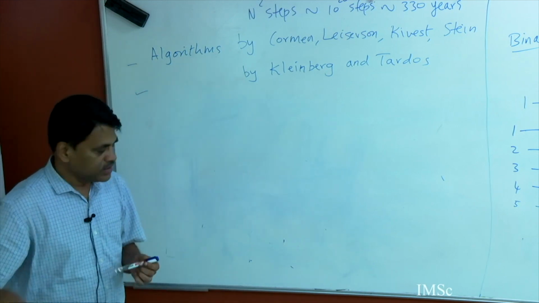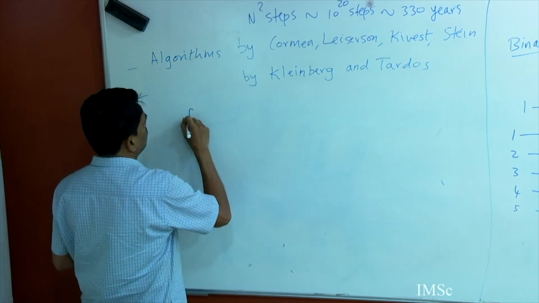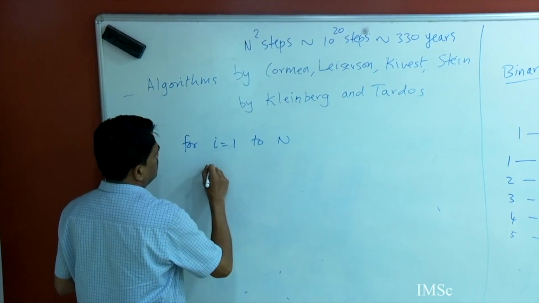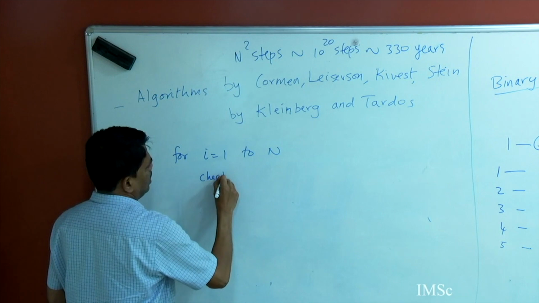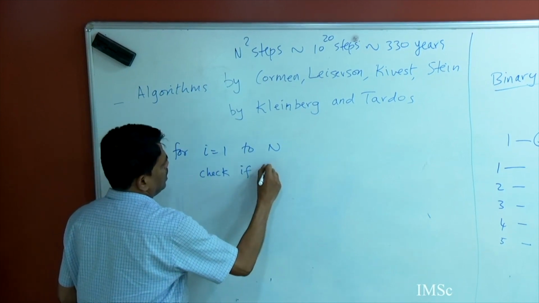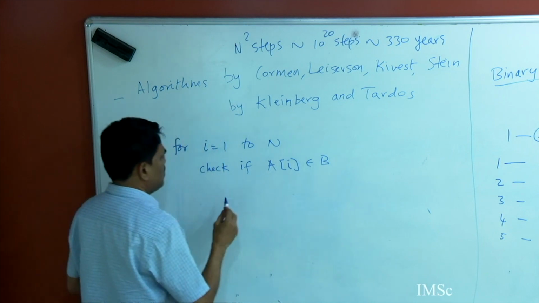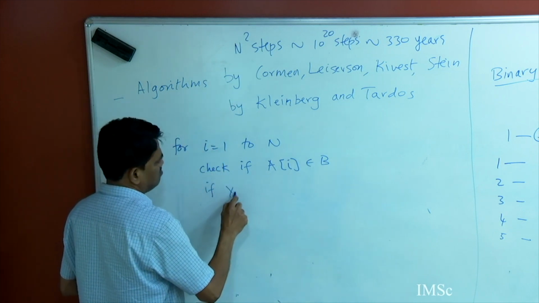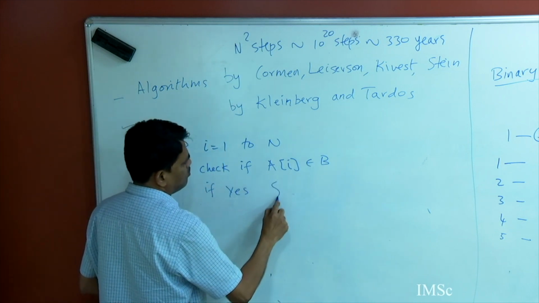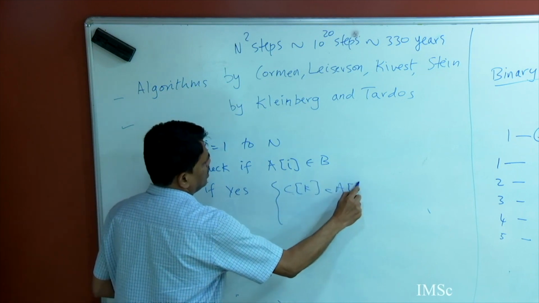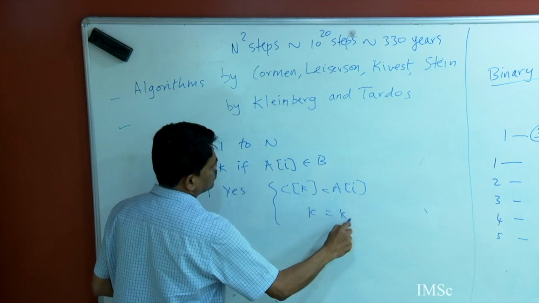So remember, our algorithm is for i going from 1 to n, check if A_i is in B, and if so, then we have some C_k equal to A_i, k going to k plus 1.